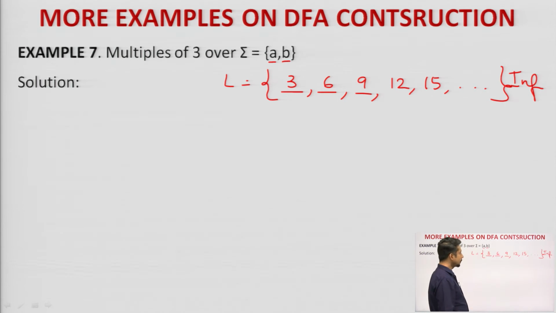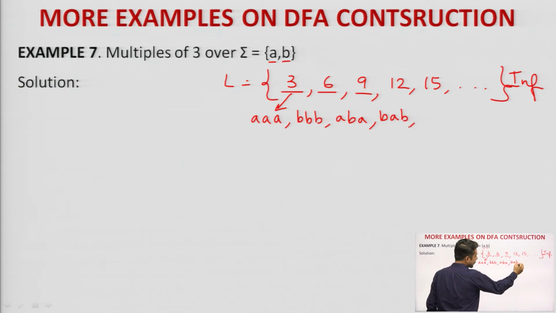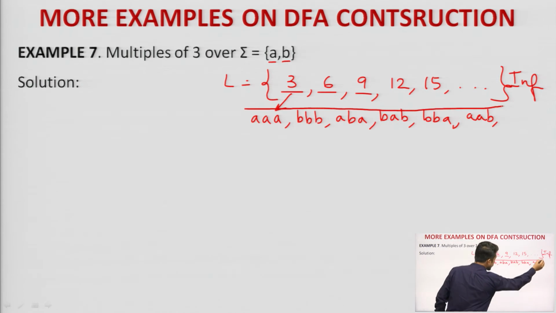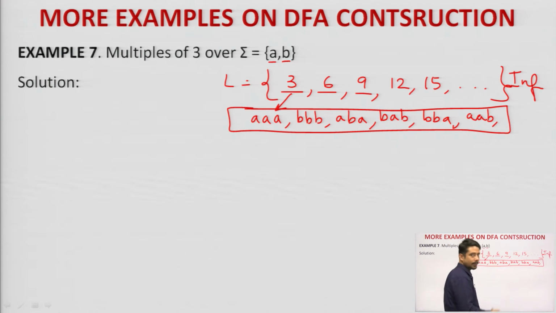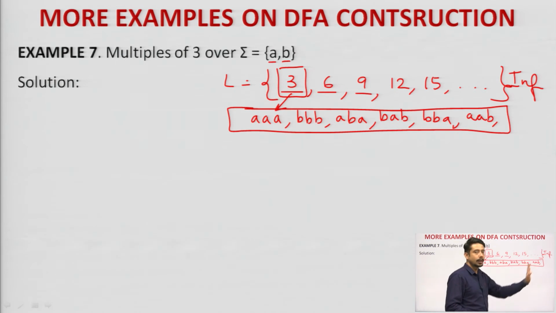Now, if I have to find strings of length 3, they may be a, b, a, or b, b, a. Like this it will comprise 3. If I say 6, then a, b, and so on. It will keep on going. Let us first focus on this particular part, and automatically you will be able to analyze the remaining parts.